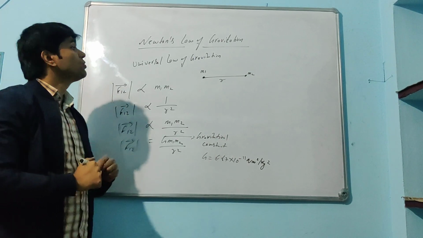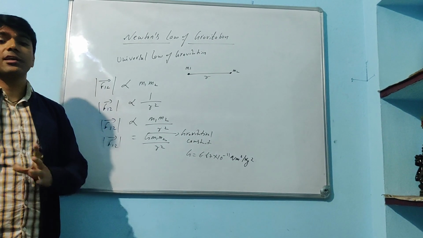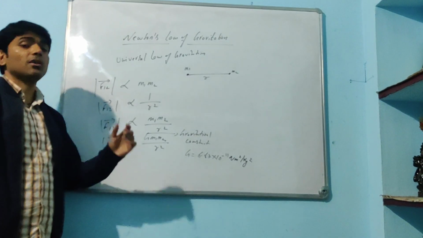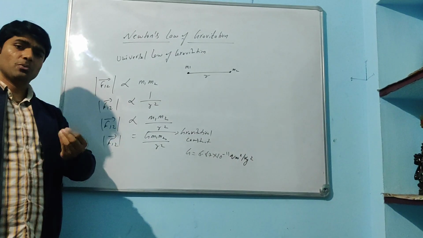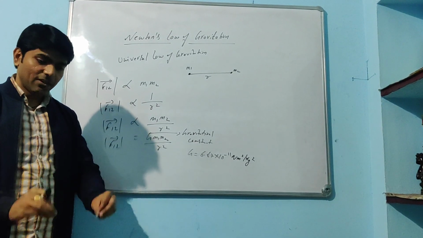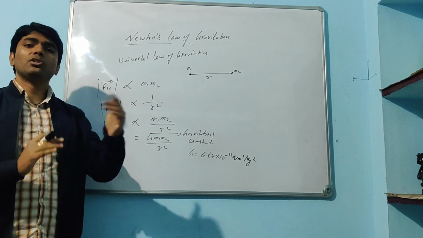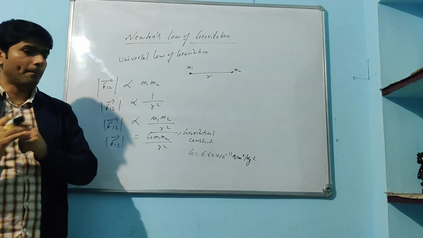Why is this law known as the universal law of gravitation? Why is Coulomb's law or any other law not considered universal? Because whenever two charges are submerged in some other medium, its value is going to change according to the medium.